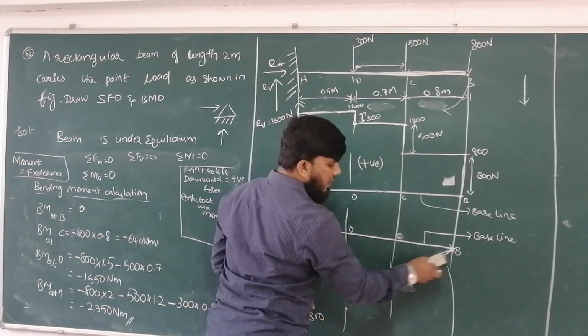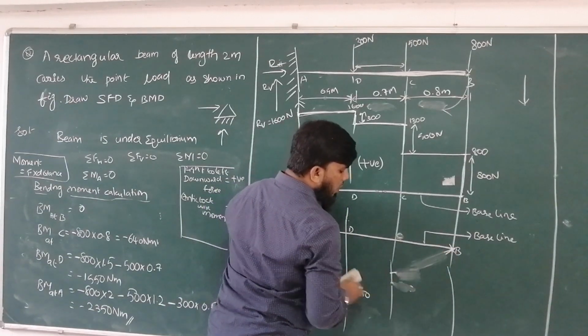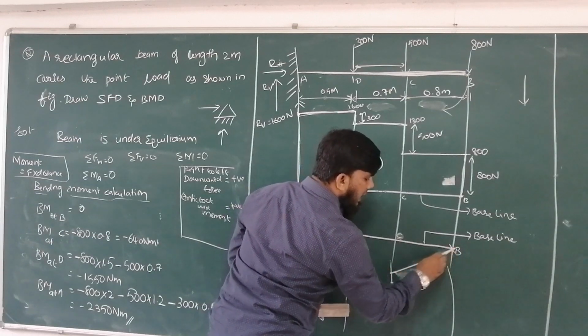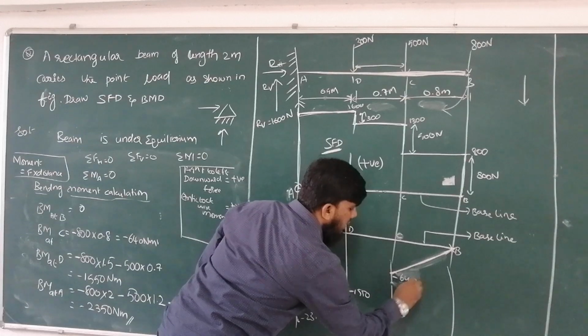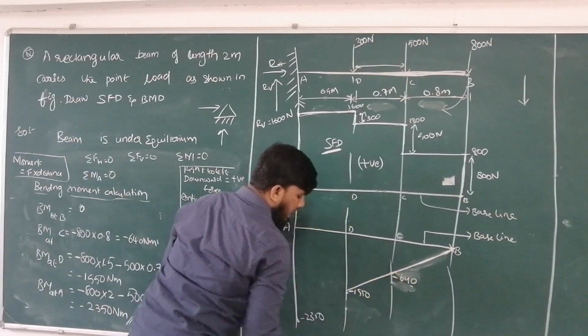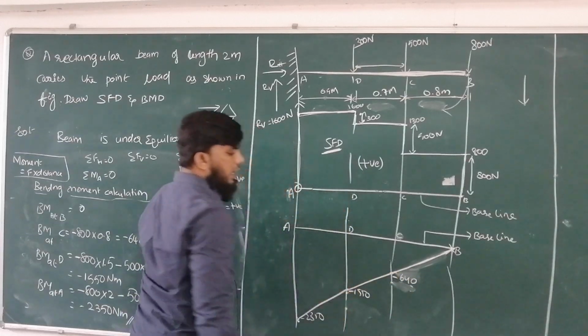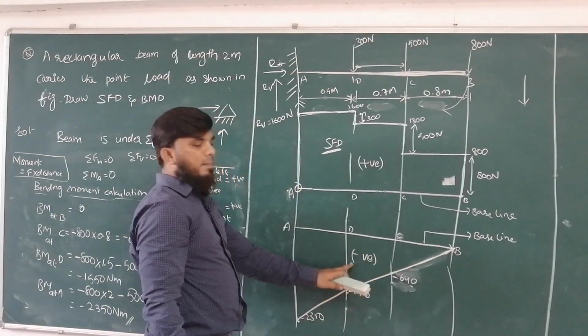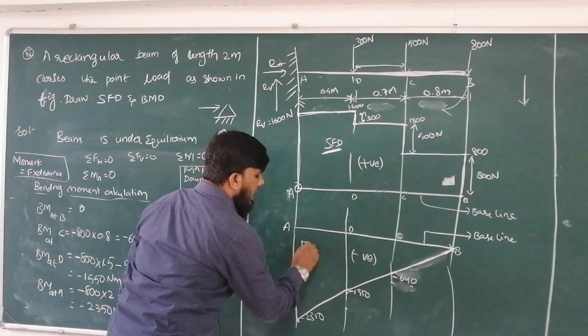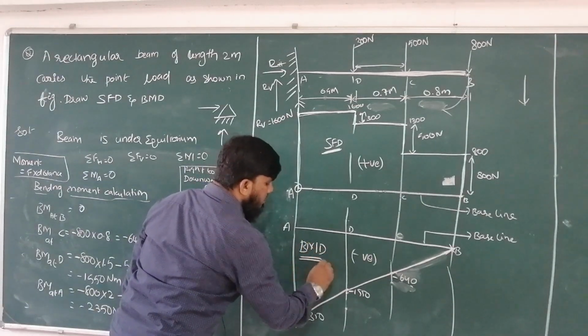Now join the points. Since there is no load between them, we will join them by an inclined line, starting from minus 640, and again by an inclined line. Done. This is the negative side, so you have to write minus, and this is the bending moment diagram.